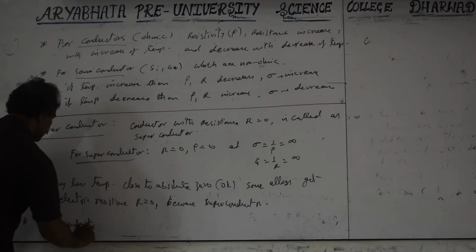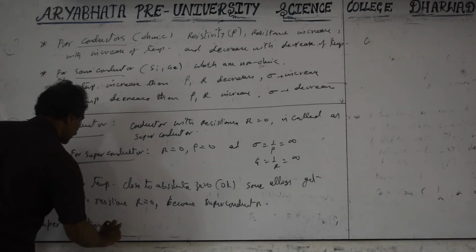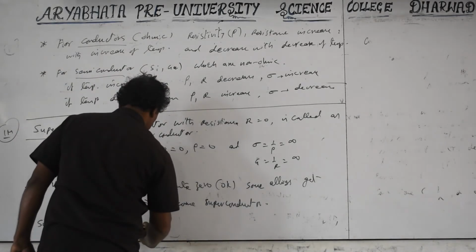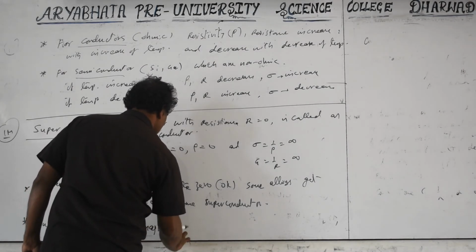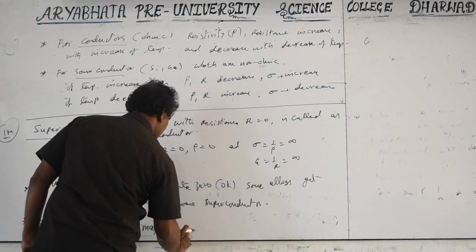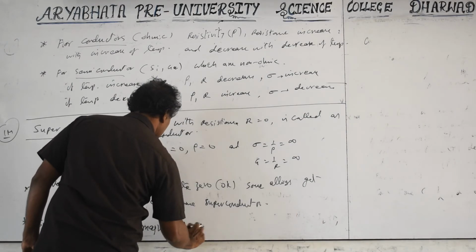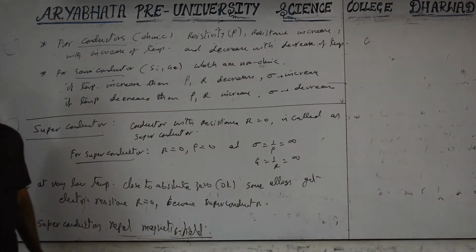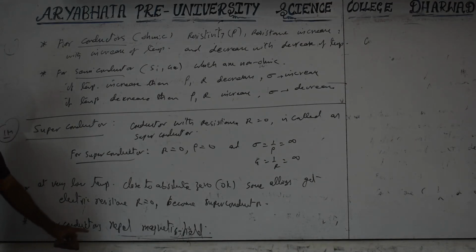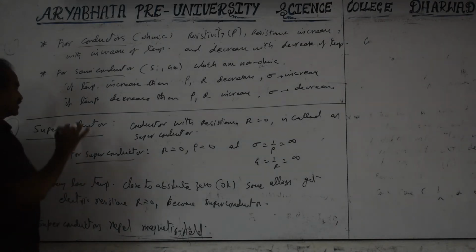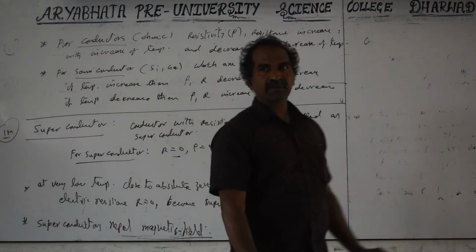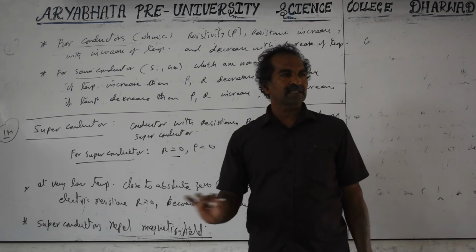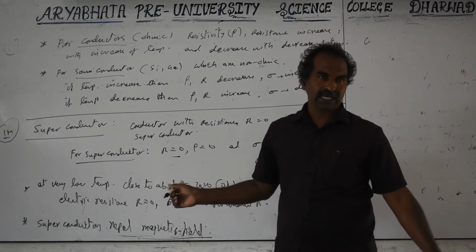Superconductors repel magnetic fields. About this point we will discuss again in later topics, as it is required in magnetism, but here in this topic what is required is resistance 0. Superconductor resistance is 0. Only alloys become superconductors, but purely except mercury, other pure metals do not become superconductors.